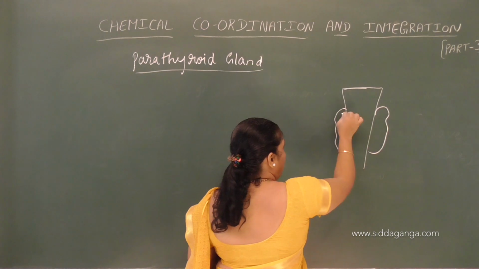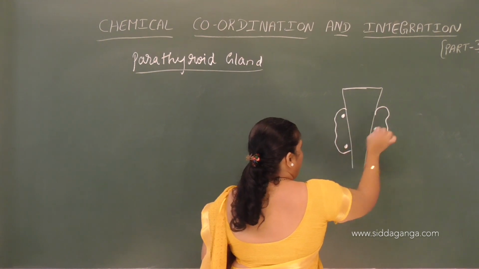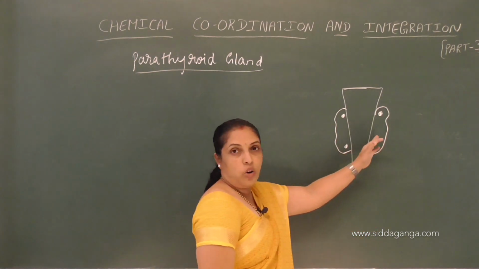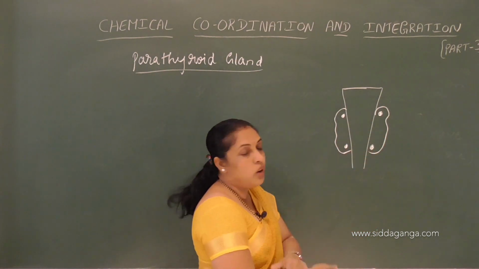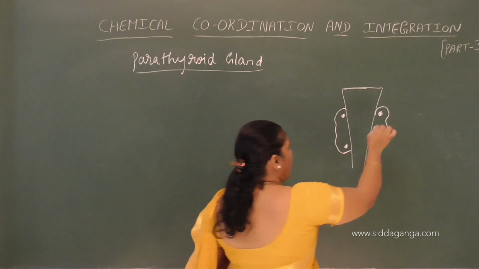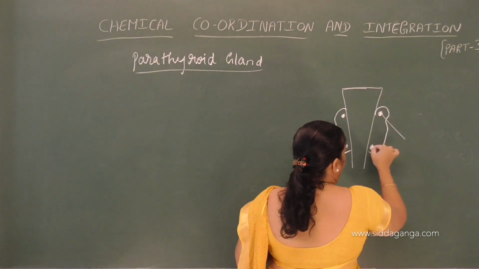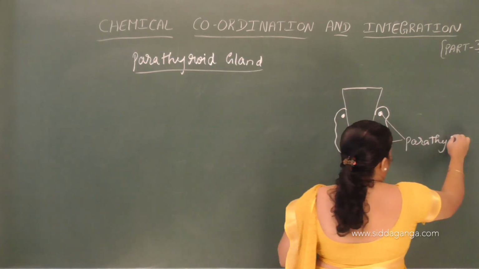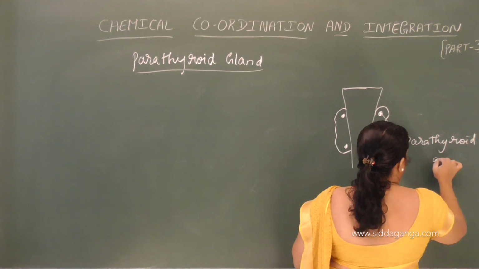On the dorsal side of thyroid gland, on the posterior part of each lobe of thyroid gland, each lobe contains a pair of parathyroid glands. These are parathyroid glands.